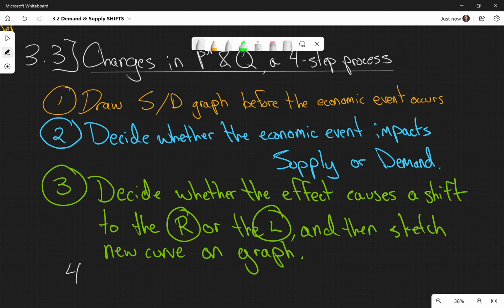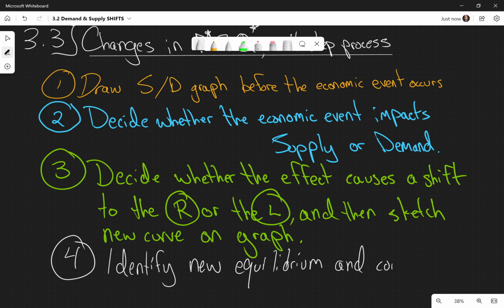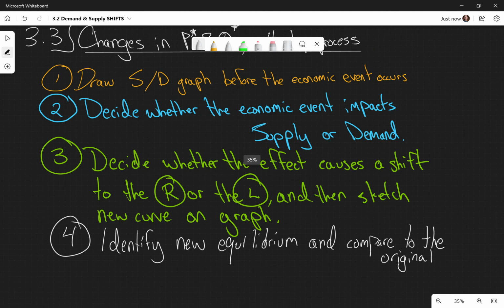And lastly, we want to identify the new equilibrium and compare it to the original, which we drew in the first step, in step 1.